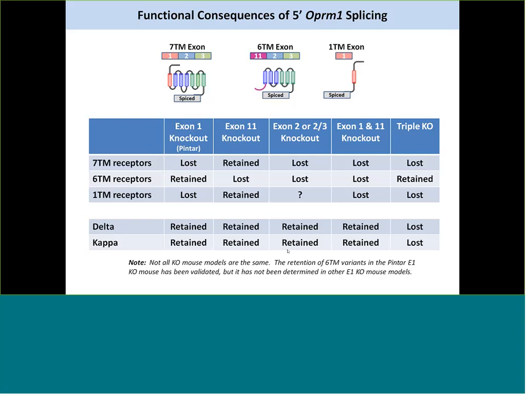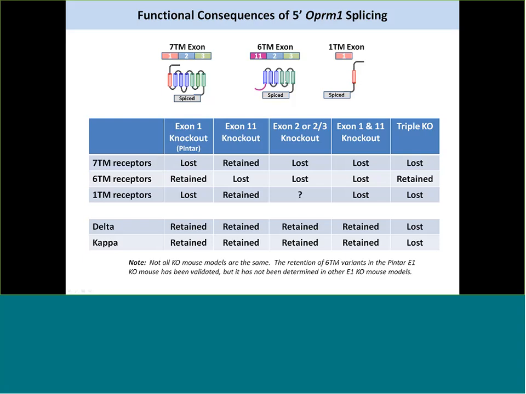The knockout models that target exons 2 or both 2 and 3, as you can see here, are going to eliminate both the 7TMs and the 6TM receptors, giving you almost a full null knockout.